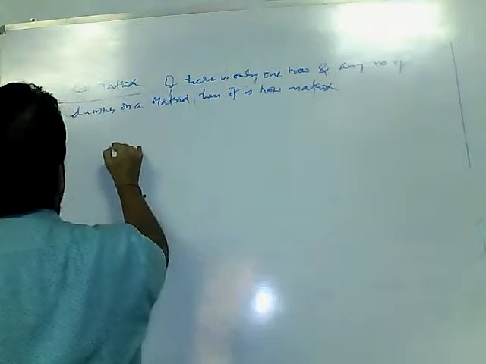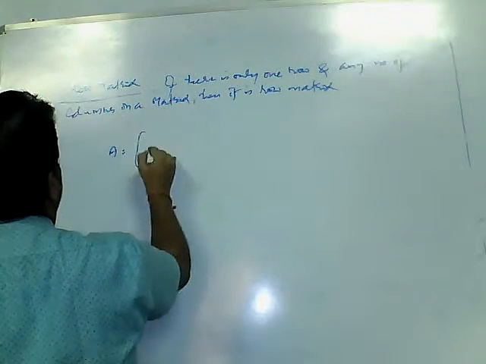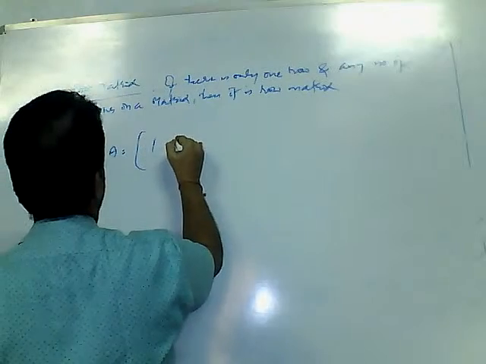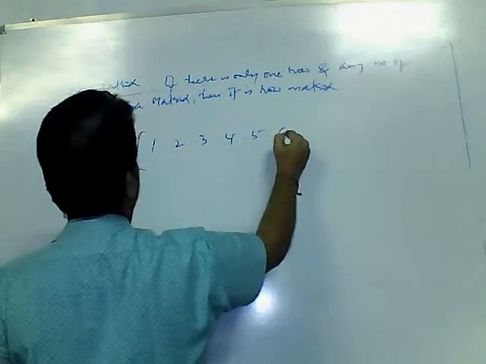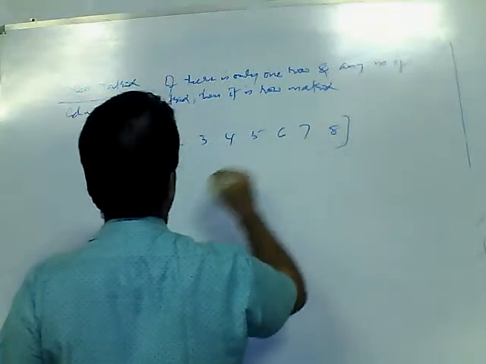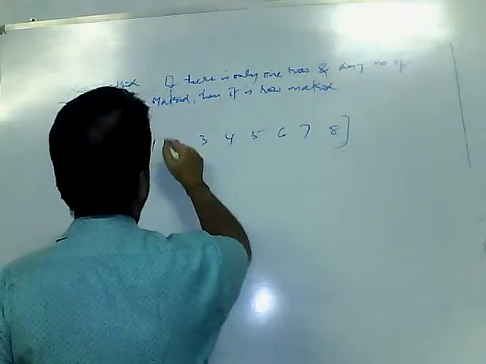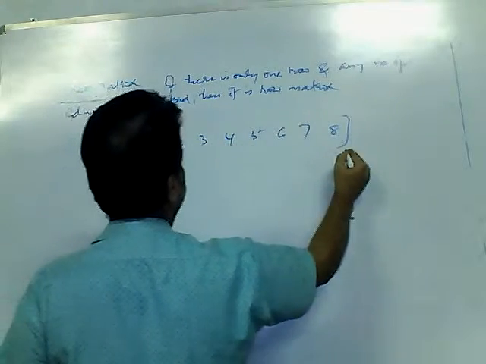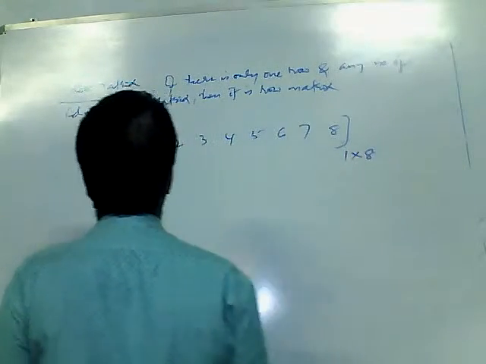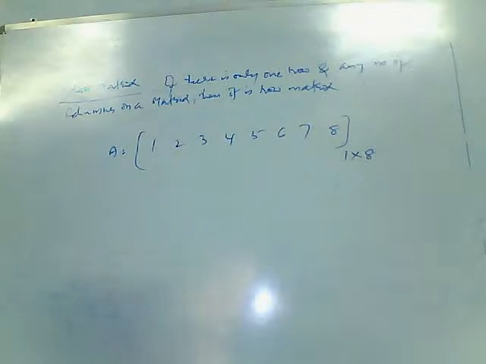Suppose A is equal to one row: 1, 2, 3, 4, 5, 6, 7, 8. Here there is only one row, and the columns are 1, 2, 3, 4, 5, 6, 7, 8. This is 1 by 8. So this is a row matrix, right?